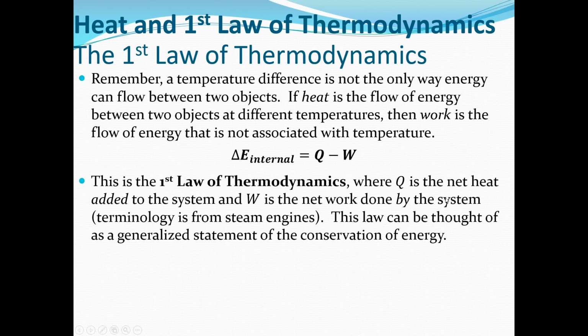Now to clarify a little bit more what work done on and work done by a system mean, the reason we're setting it like this is to think of steam engines, in particular a piston. Imagine you have a canister, and inside the canister there's a gas. As heat is added to the system, the gas will end up expanding based off the PV equals nRT equation, and that expansion will cause the piston to move.